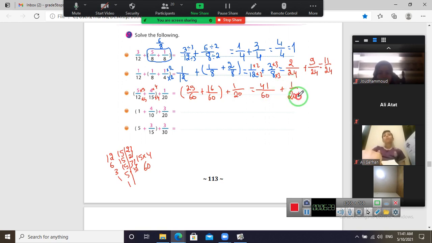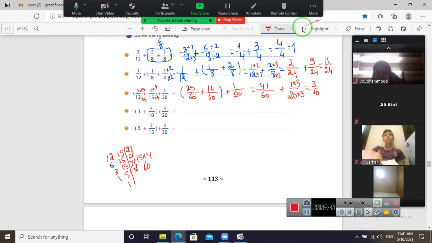If I multiply 20 by 3, it becomes 60. It's equal to 3 over 60. I cannot write 3 over 60 here. It's wrong. I should write all the operation again. I want to write again from the beginning: 41 over 60 plus the second one, 3 over 60.